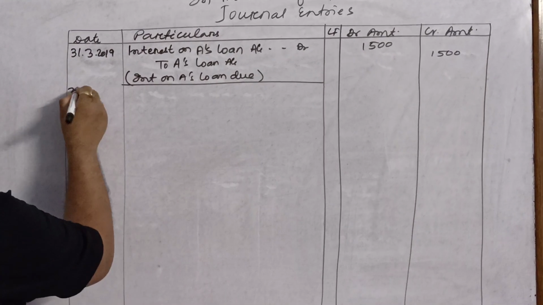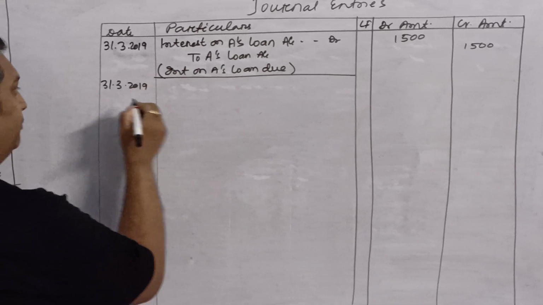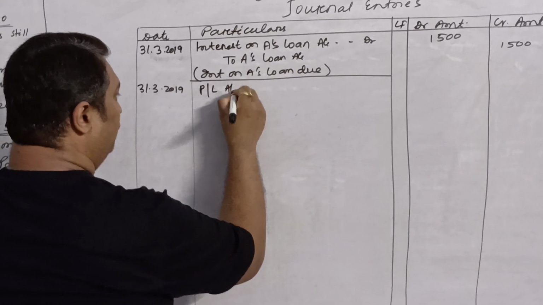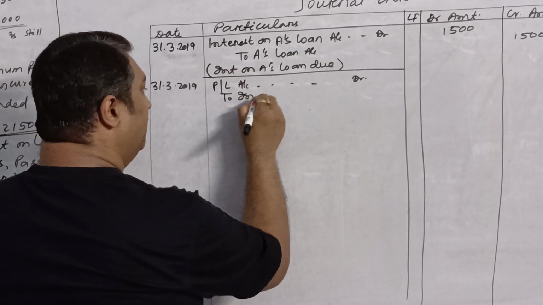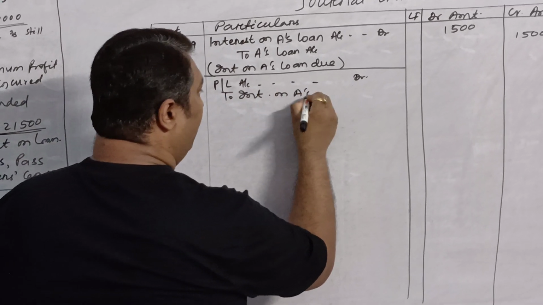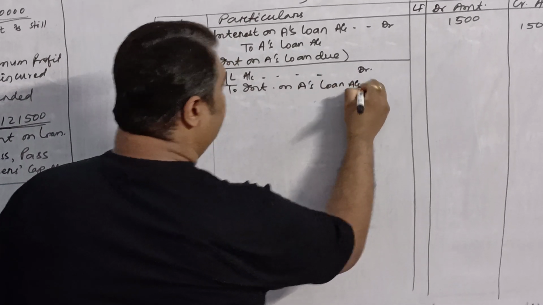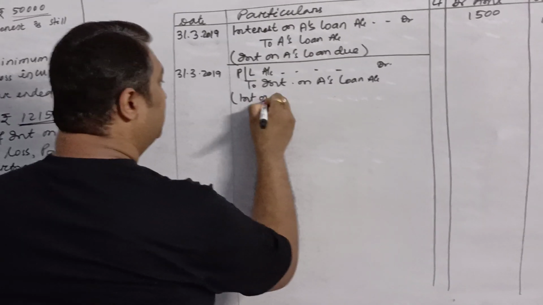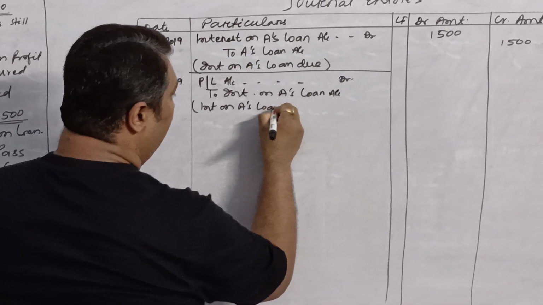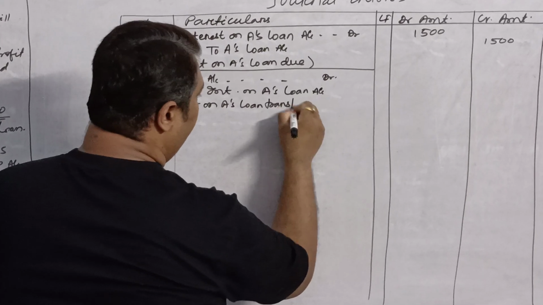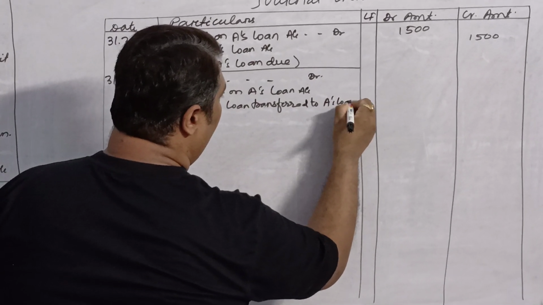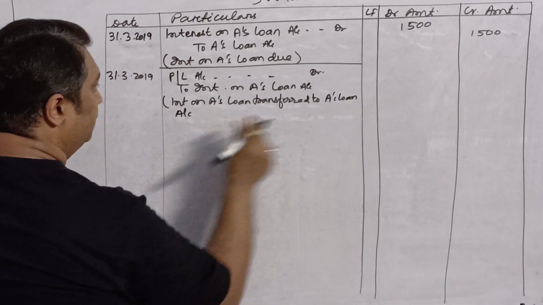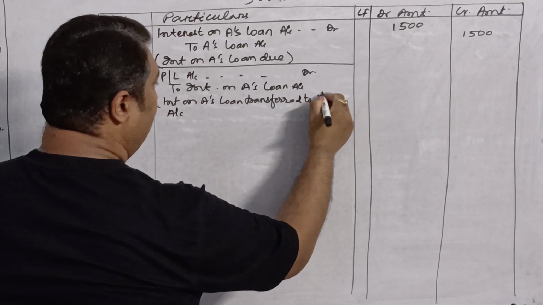Now we will pass the transfer entry, we'll transfer it to profit and loss account. So my entry will become profit and loss account debit to interest on A's loan account. Interest on A's loan transferred to A's loan account. To profit and loss account.